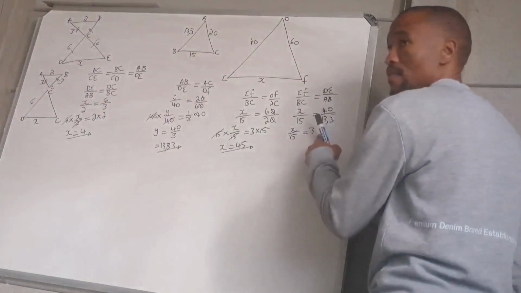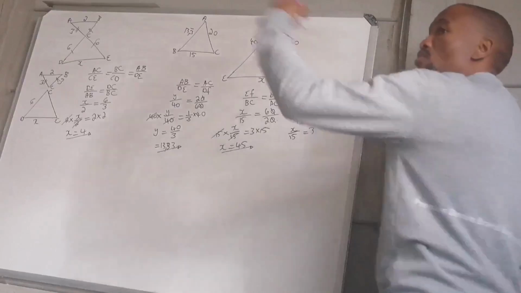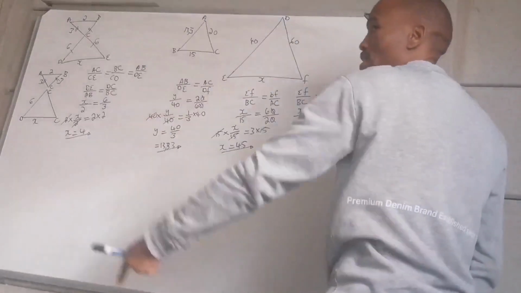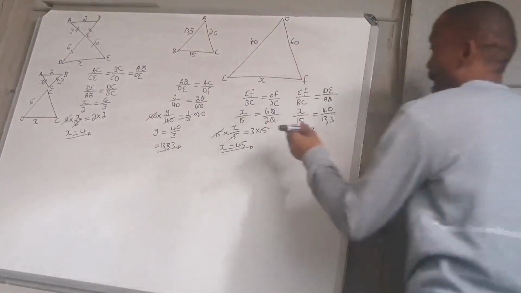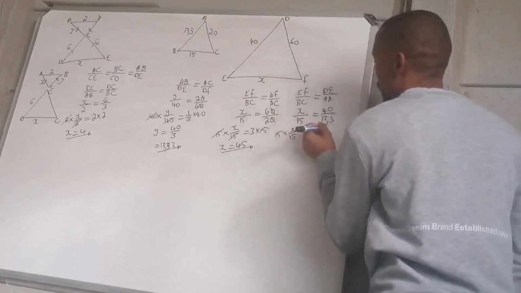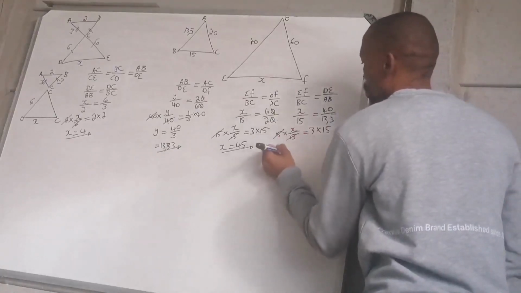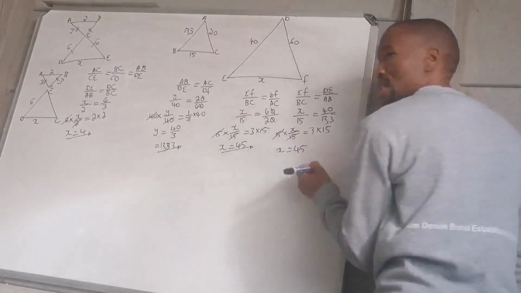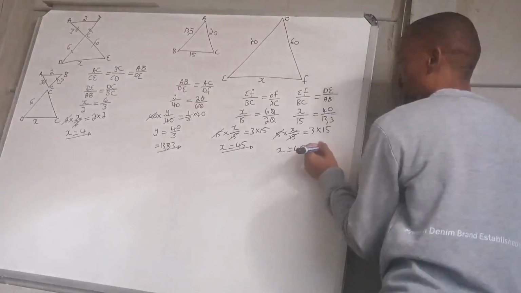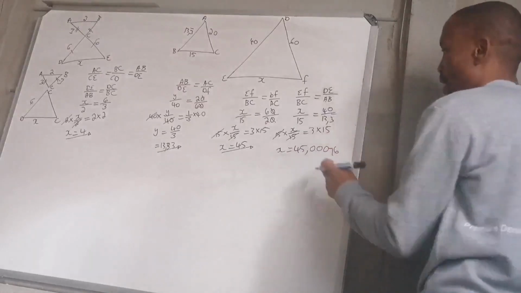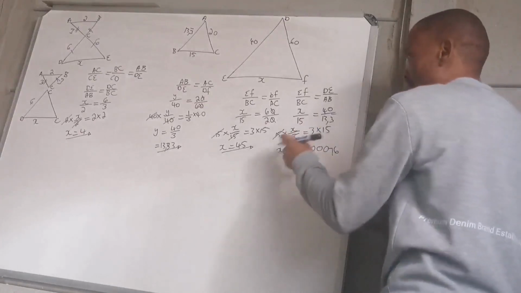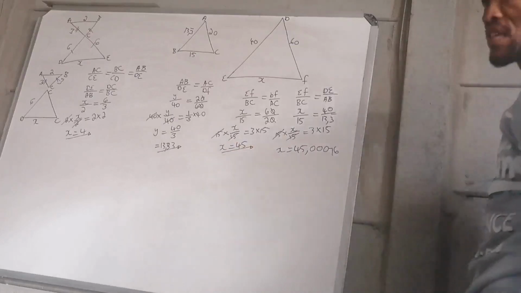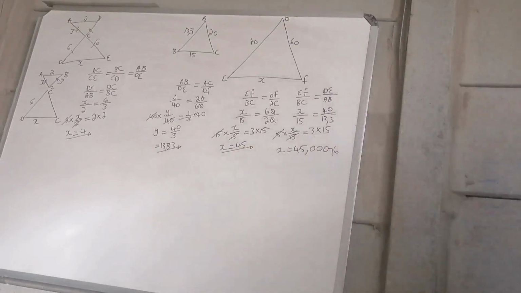So I can round off the zeros, and maybe a number like 3.1 is why I can get 3. Then X is 45. We may get 45.000 and something, but as you round off to a whole number, this becomes exactly 45. That is why it doesn't matter which side you choose, it will always give you the same answer.